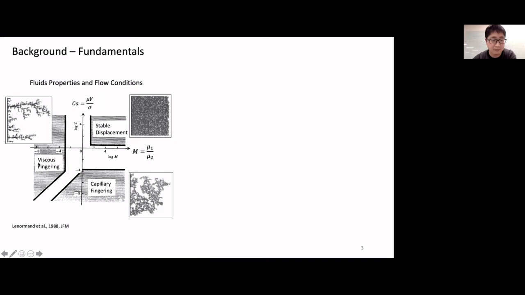Here you can see viscous fingering, where a less viscous fluid is injected to displace a more viscous fluid, or stable displacement when the invading phase is actually more viscous. And also at the bottom here, when the viscous effect can be neglected, which means that either the injection velocity of the invading phase or the viscosity of the fluids are very small compared with the capillary force, then we have capillary fingering.